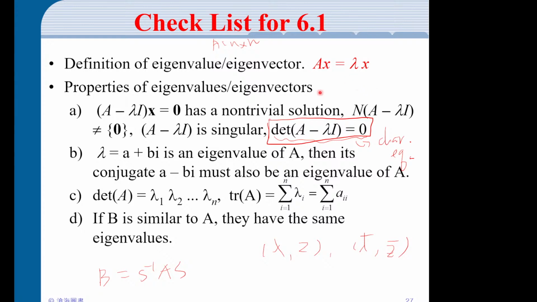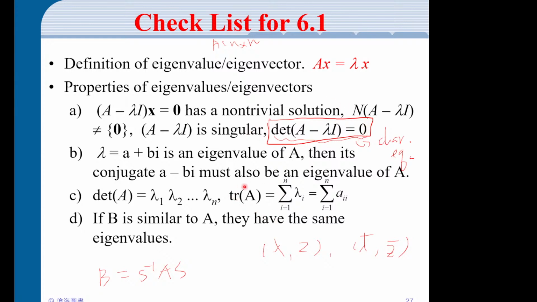And that's about A being real. Then we prove two more identities about eigenvalues. The product of all the eigenvalues, lambda 1 to lambda n, will equal the determinant. You can get this from this equation.